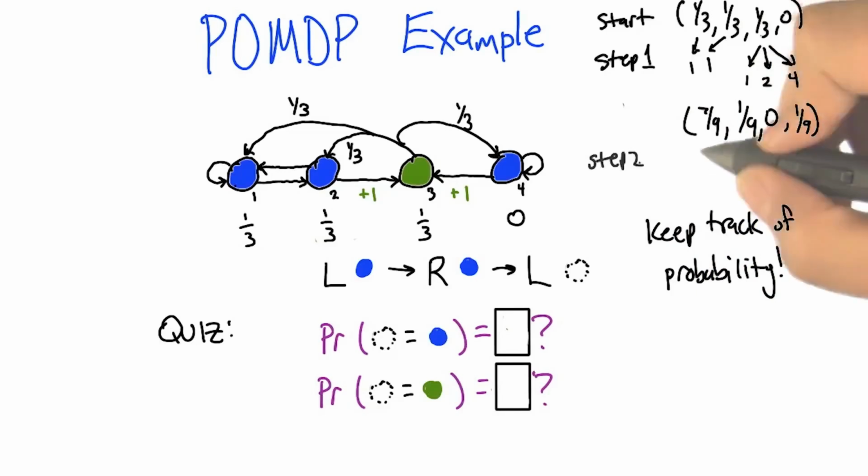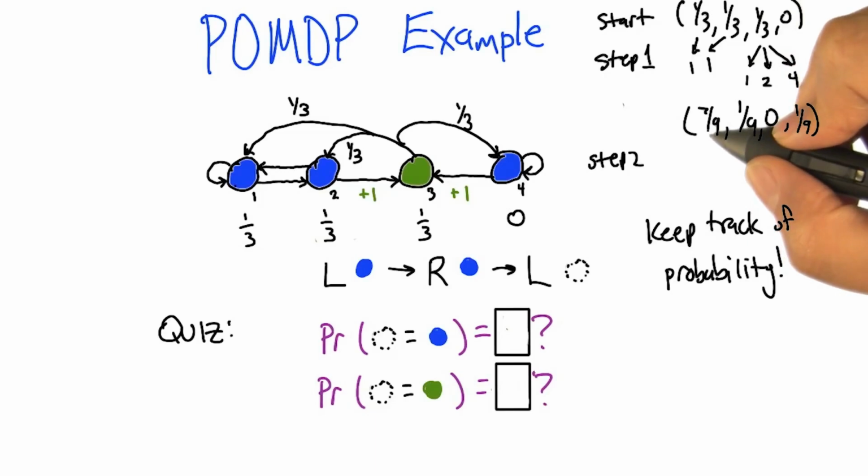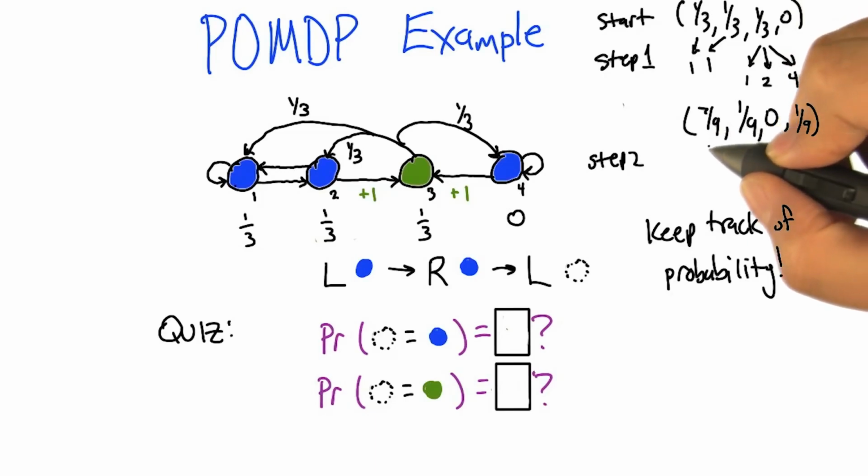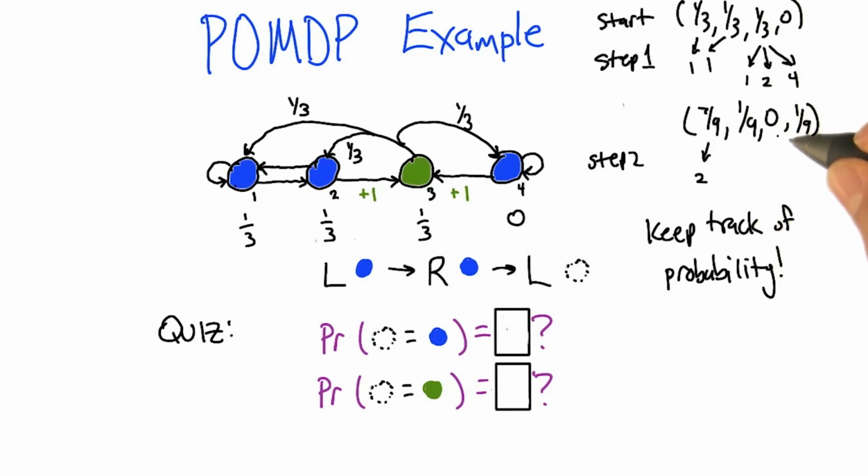All right. So if I was in state 1 and I went right, then not only will I definitely see blue, but I will be in state 2. Okay. And there's no other option. If I was in state 2 and I went right, then I would be in state 3. And by the way, I would see green. So something bad happens here, right? So we couldn't have been in state 2. Right.